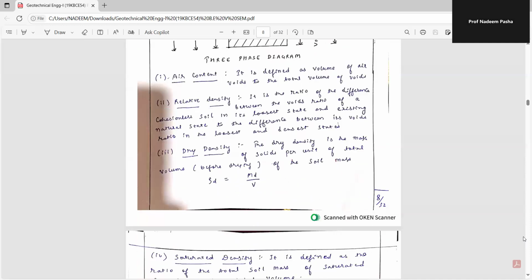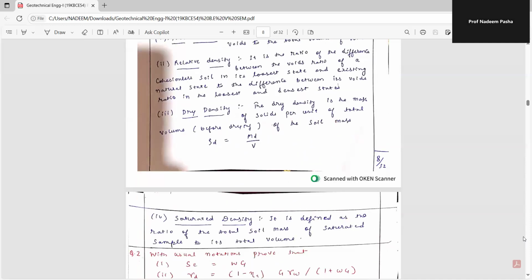How are you defining relative density? It is the ratio of the difference between the voids ratio of cohesionless soil in its loosest state and existing natural state to the difference between its voids ratio in the loosest and densest state.